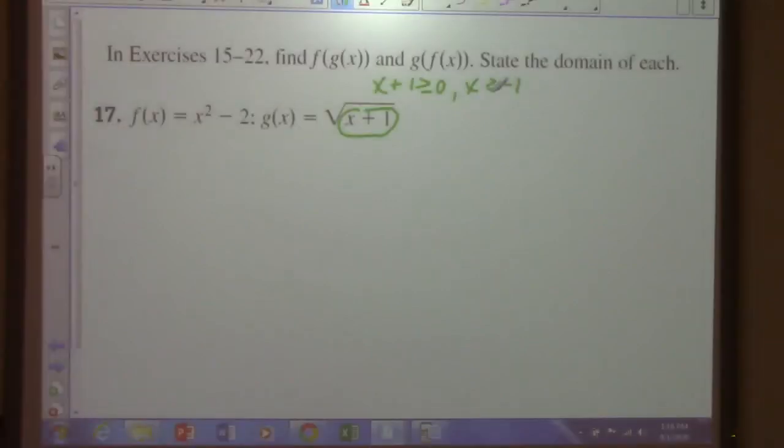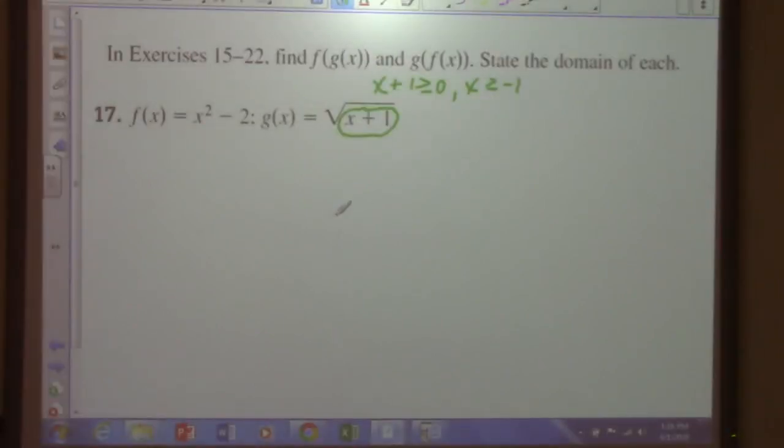So is this domain restriction going to carry on no matter what we do? Yeah, because this is already tainted with this restriction. So now how do we work it out from here? f of g of x. What do we do with this thing here? Plug it in for this guy here, right?